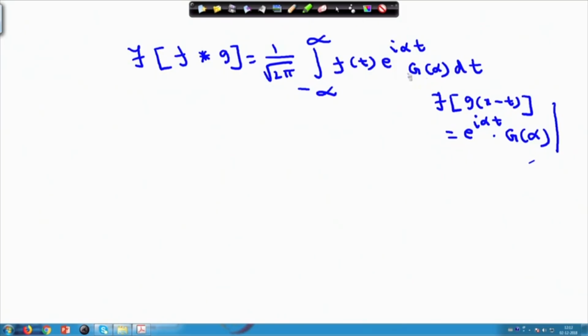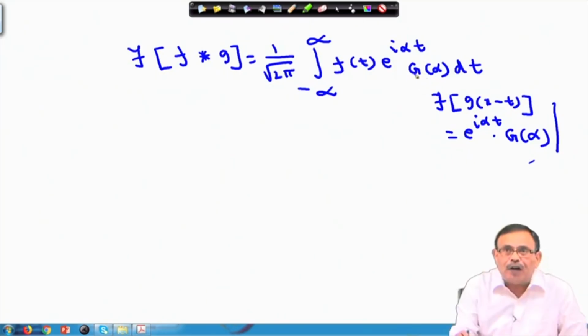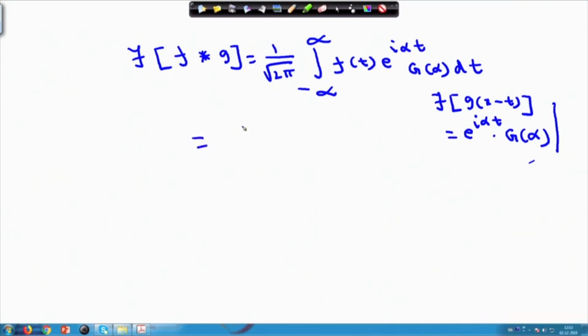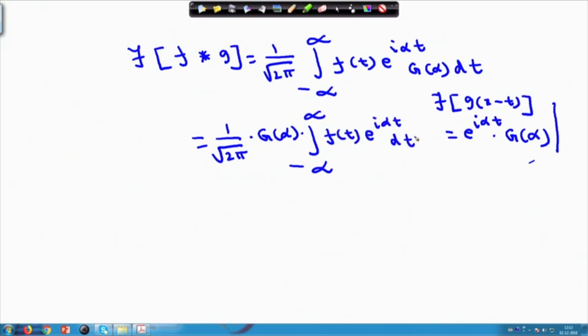Now, this g alpha is a function of alpha only, it is independent of t. So, this g alpha I can bring outside. So, I can write down 1 by root 2 pi into g alpha into minus infinity to infinity f t e power I alpha t dt.